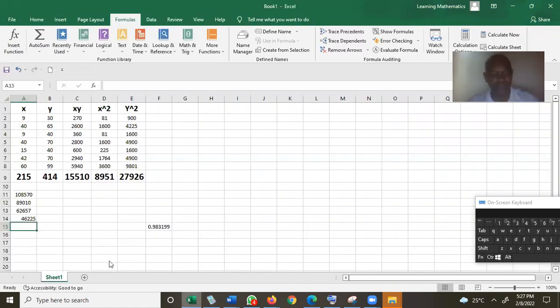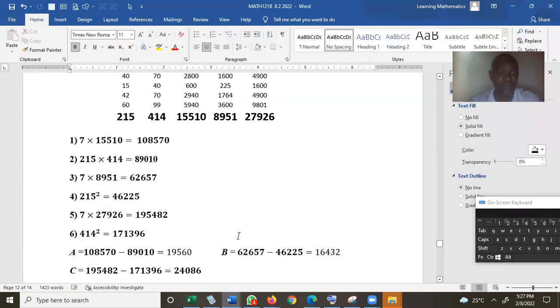So I suspect some problems in the formula itself: equals 7 times the sum of y squared. The sum of y squared is in E9. 195482. To me that number looks a little strange.